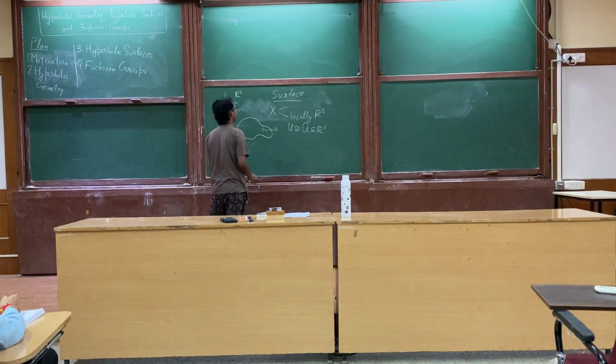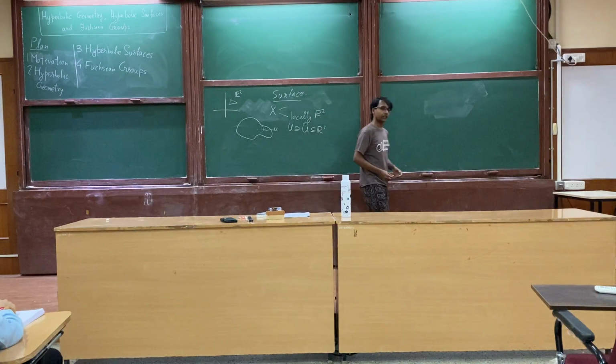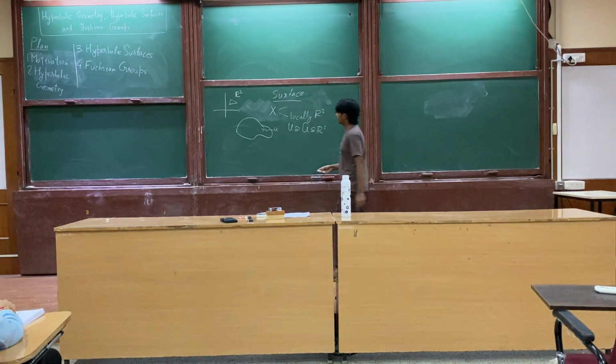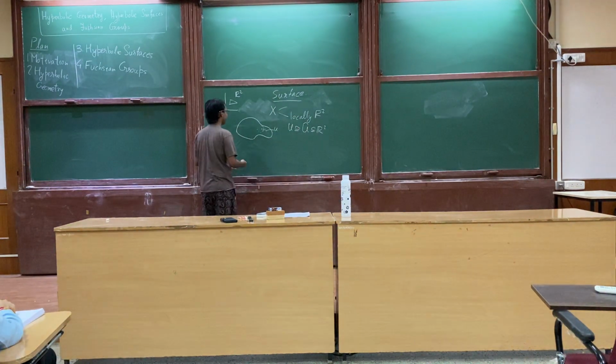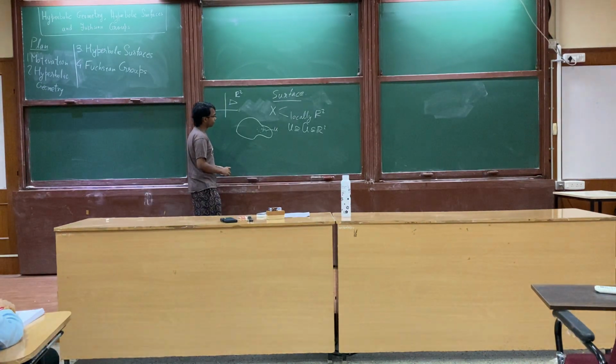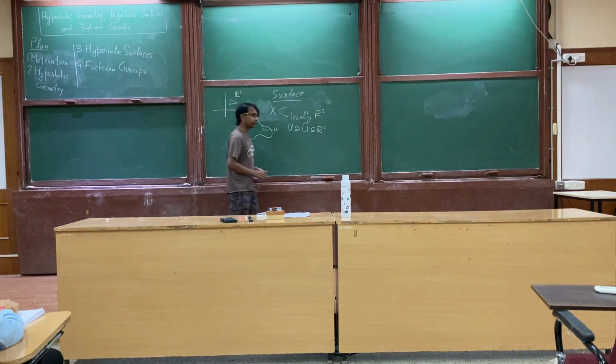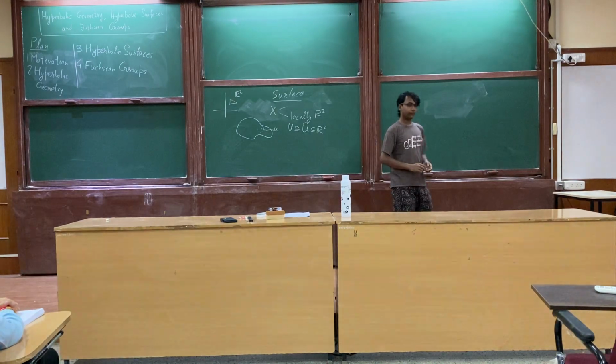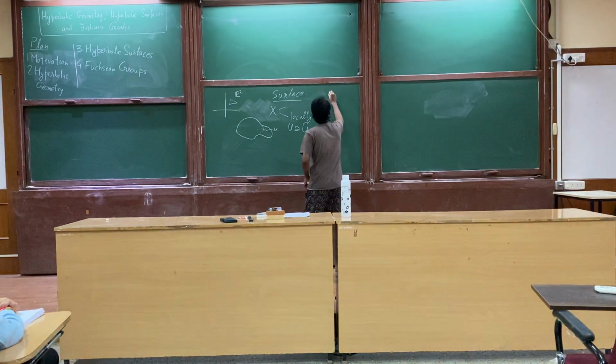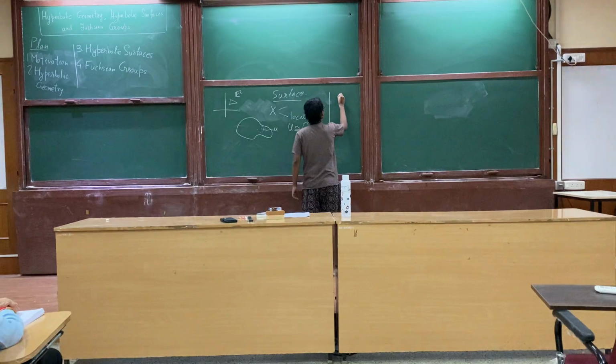So this is what I meant by a two-dimensional space, a surface, and we want to do geometry on such spaces. How do we do geometry? The basic idea of geometry is to measure lengths. But we usually don't ask for only lengths, we ask for angles.